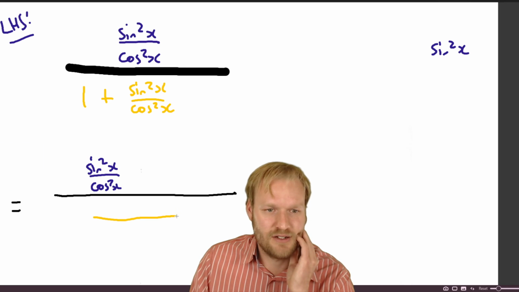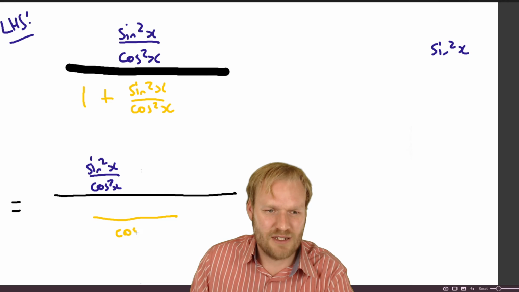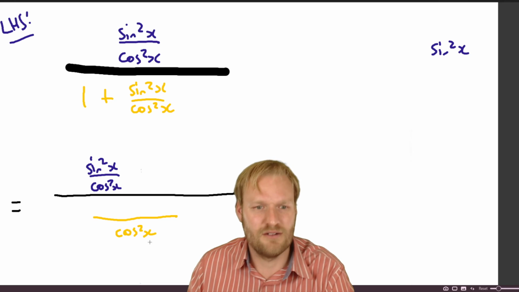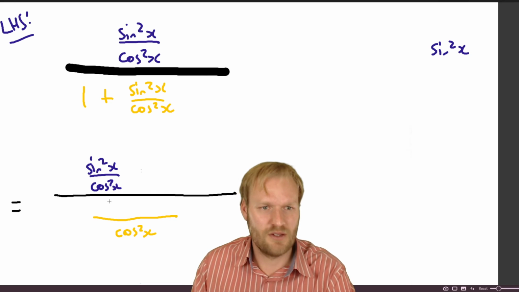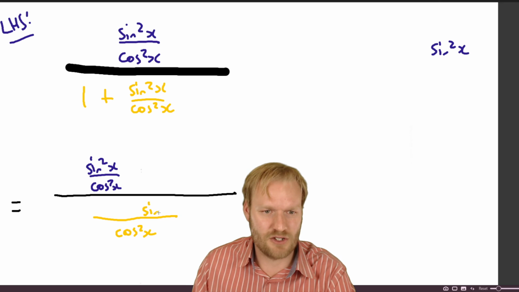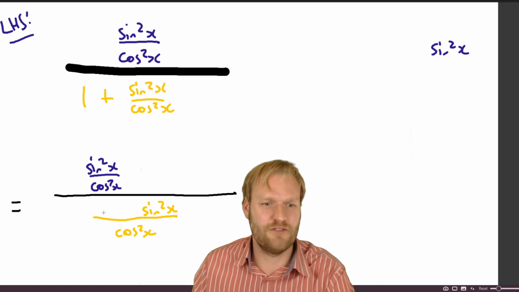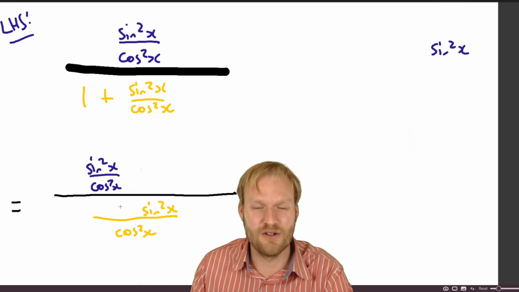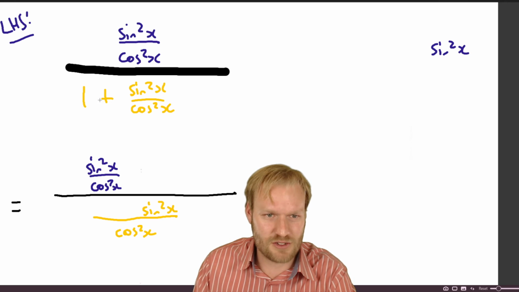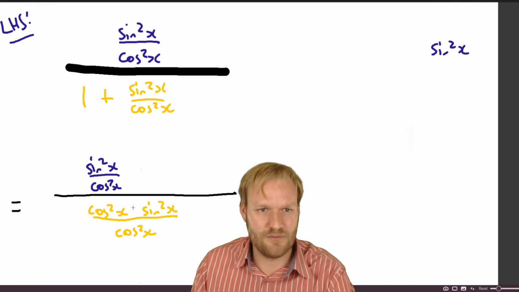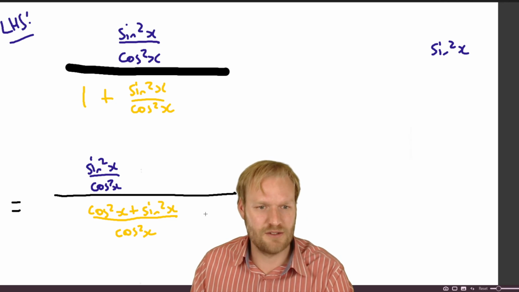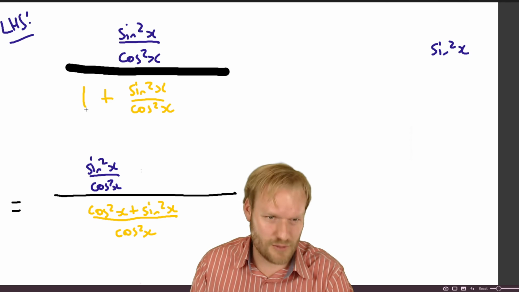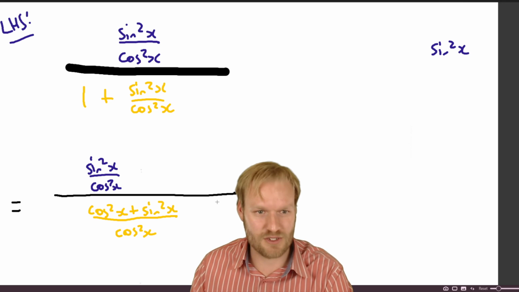In the denominator, however, it makes sense to make this over cos squared x, and therefore this is going to be sine squared x. What's the first term in the numerator of this yellow fraction going to be? Well, we've got this cos squared x over here, plus the sine squared x, because cos squared over cos squared is 1.